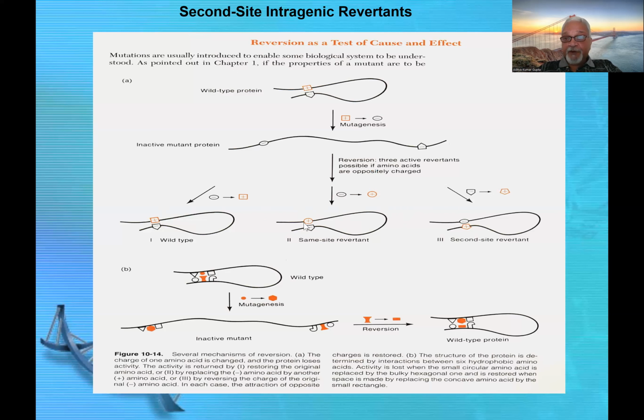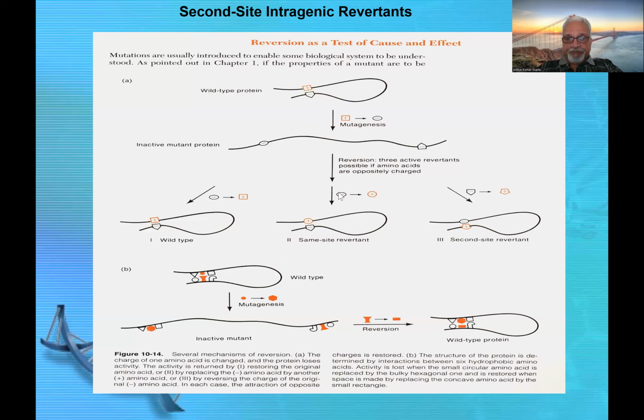It may not be the same amino acid as in the previous wild type, but the polarity is restored. So this is a second mutation in the same site, but it is not the wild type. If, for example, I'm just giving an example, glycine becomes lysine.